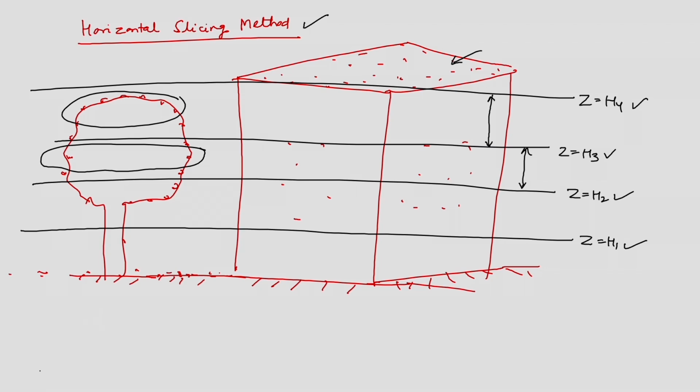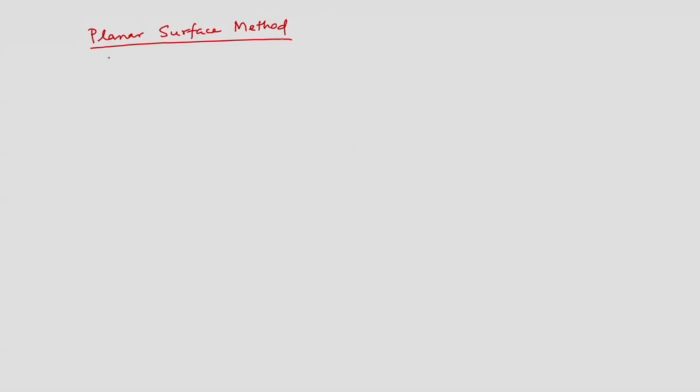The third one is the planar surface method. For the given data, try to fit the planes. Mathematically we write ax plus by plus cz plus d equal to 0.